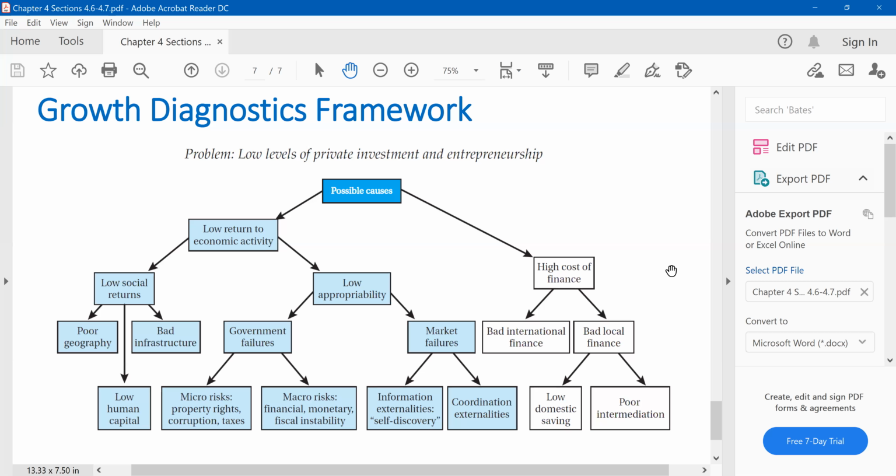The geography is poor, it's always raining, it's always very humid, it's all rocky mountains, etc. And there's no skillful people whom you can work with. Okay, so that explains these low returns.